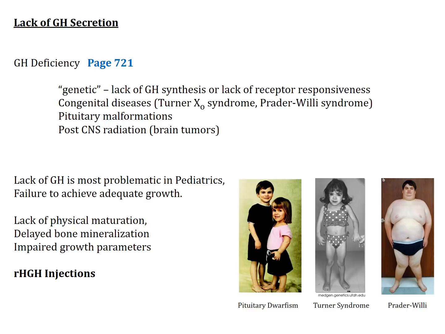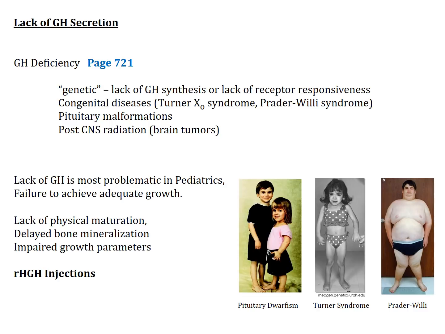So let's talk about lack of growth hormone secretion. Lack of growth hormone secretion is usually something that you see more in pediatric medicine. There are a number of different things that can happen genetically to an individual, a number of different types of syndromes such as Turner syndrome, Prader-Willi syndrome, pituitary dwarfism, all shown here in pictures where the individual has a lack of growth hormone.